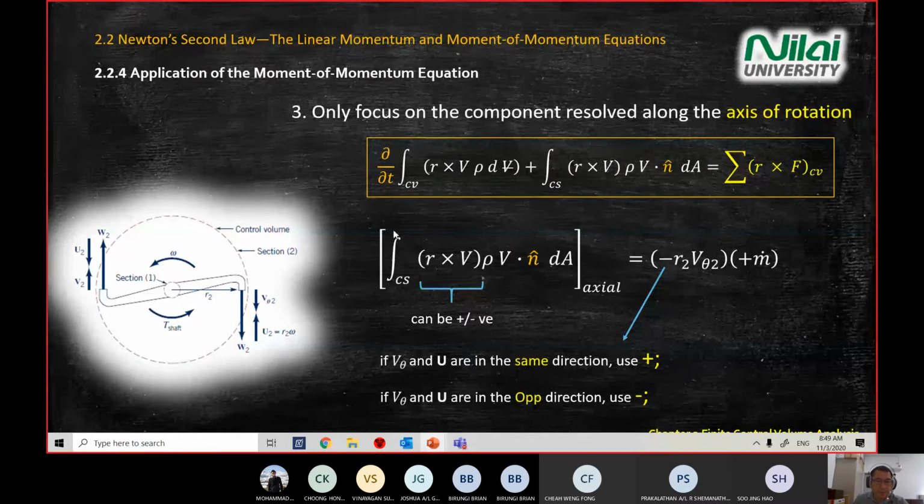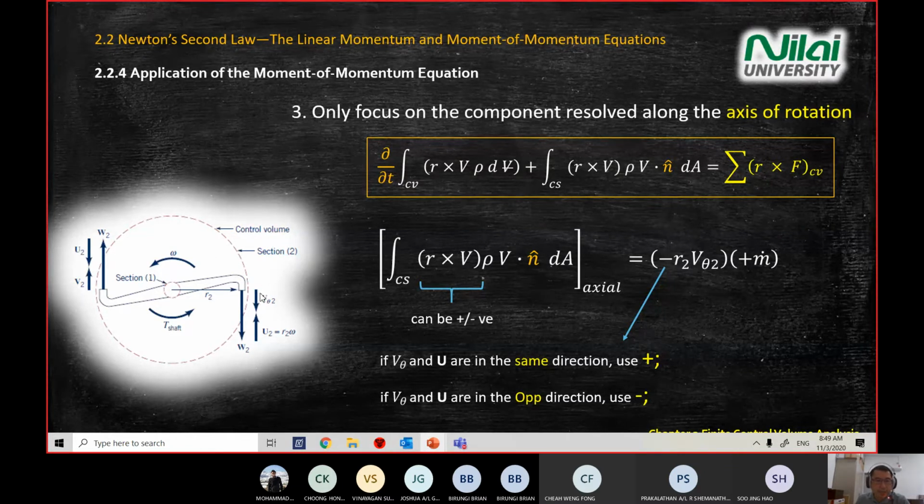Now, important for this positive and negative sign when you study problems and apply the MOM equation, let me explain again why we get negative or positive. When your V and U, these two vectors, are in the same direction, we get positive. When U and V are in opposite directions, we get negative. In this case, we have a negative direction.